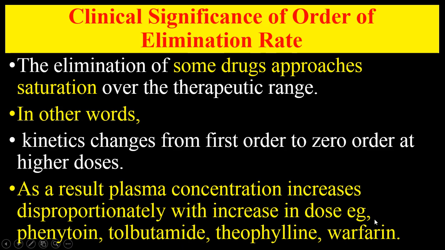Most of the anti-seizure drugs undergo this change from first order to zero order kinetics in the therapeutic range. So these drugs are dangerous to increase in a very short time, because they may accumulate in the body as the kinetics change from first order to zero order.